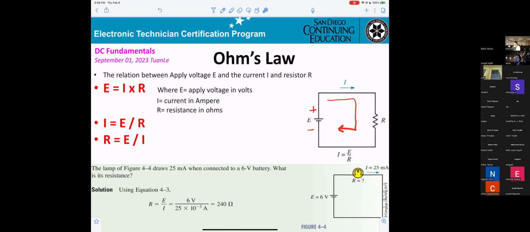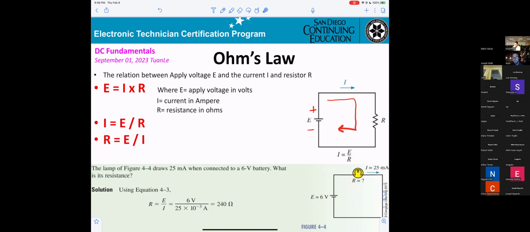Okay? Now if they give you an example, 6 volts here, and this is the resistor, and the current flow equals 25 milliamps. And they're asking what is the value of this resistor. So you use R equals E divided by I. E equals 6 volts. I equals 25 milliamps.